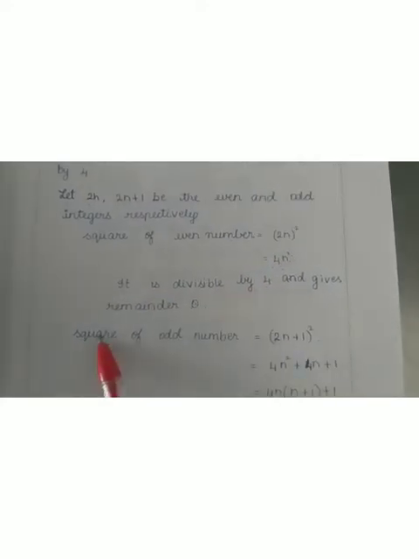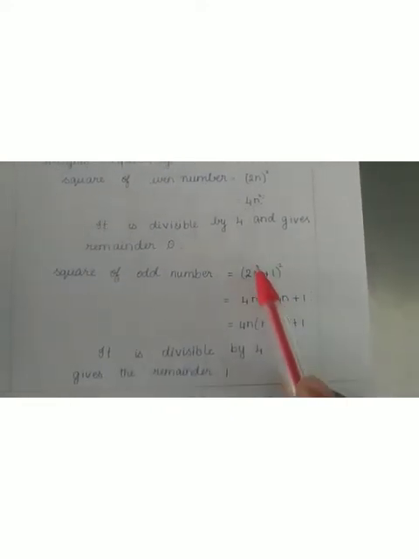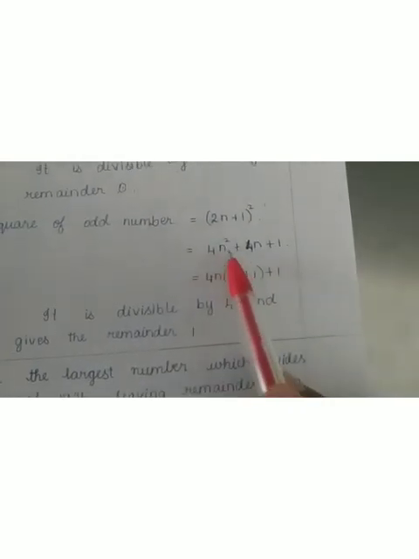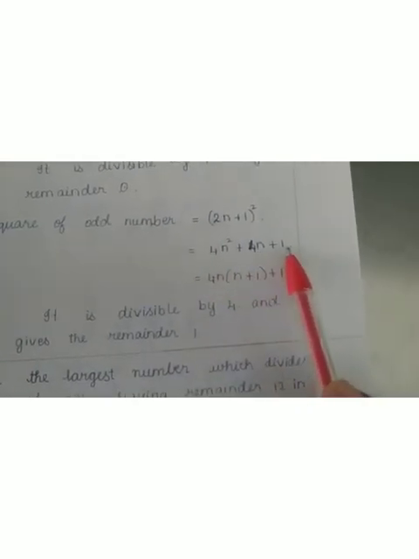When a number is divisible by 4, here we get remainder 0, because 4n square is completely divided by 4 and leaves the remainder 0. When we square the odd number 2n plus 1, the whole square, we expand it and get 4n square plus 4n plus 1.